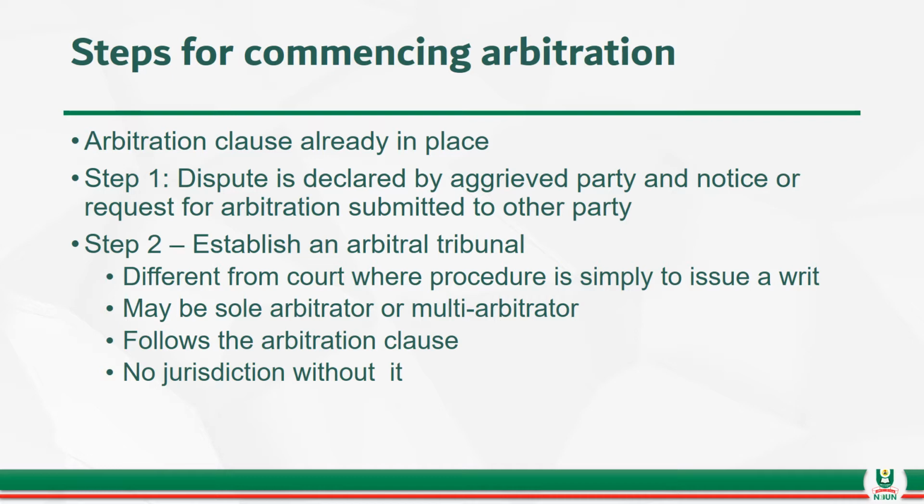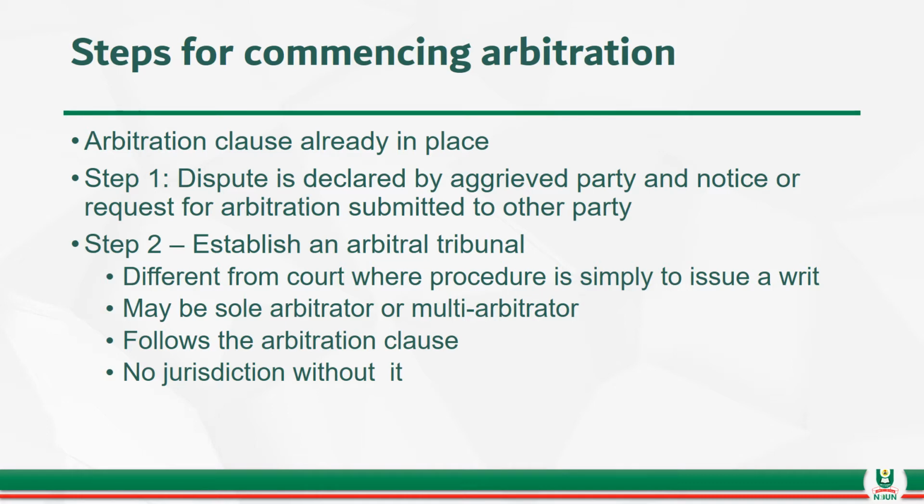He does it with a notice declaring a dispute and requesting arbitration, and then submits that notice to the other party. The next step will be to establish a tribunal. This can be part of the first one; it can be part of the notice sent during the declaration.